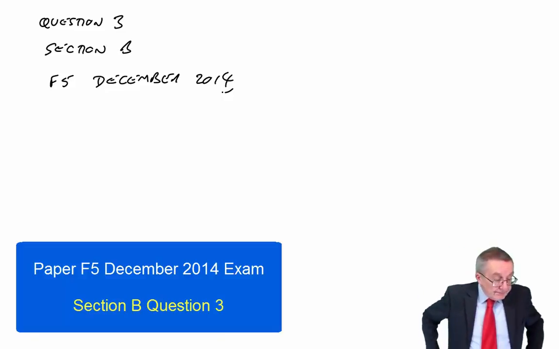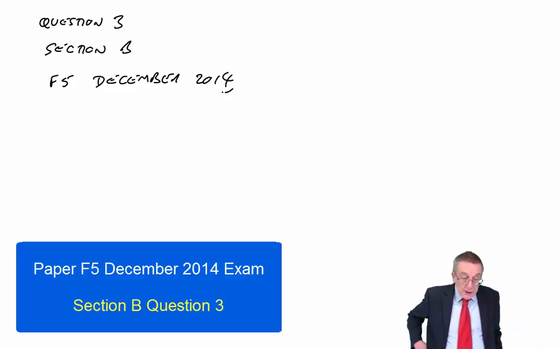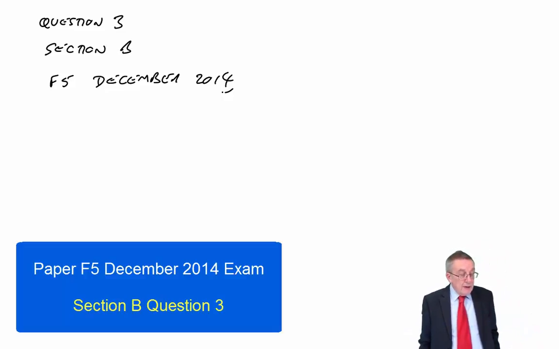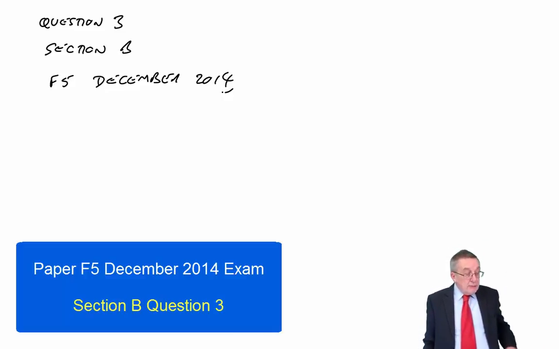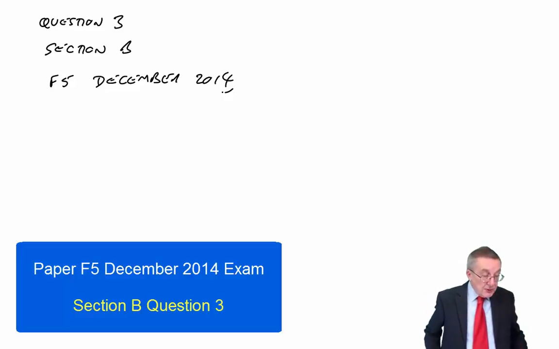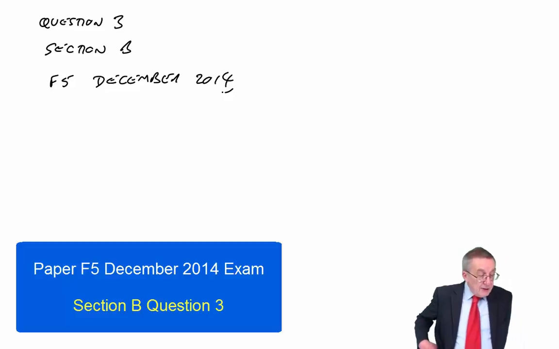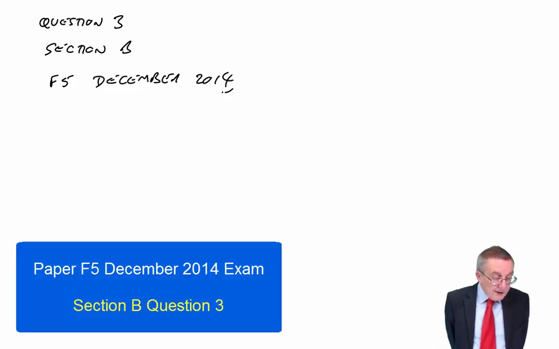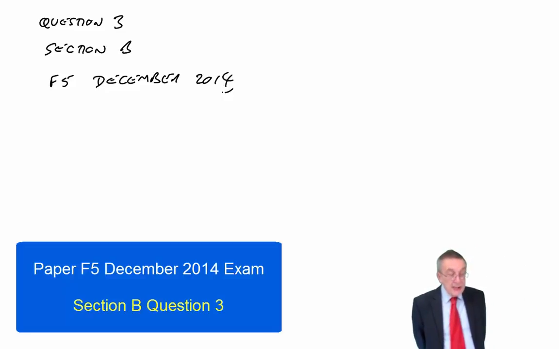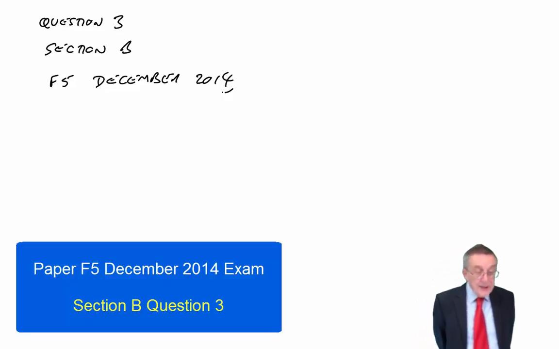But let's have a look. As always, look at the requirement first, then we know what we're after. Prepare on a relevant cost basis the lowest cost estimate which could be used as the basis for the quotation. Explain briefly your reasons for including or excluding each of the costs in your estimate.